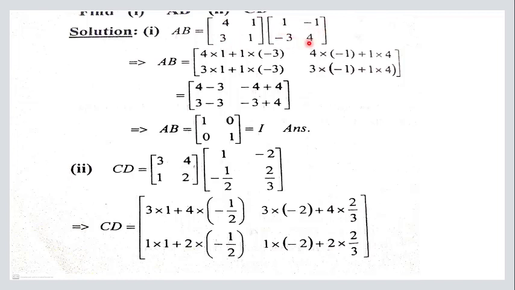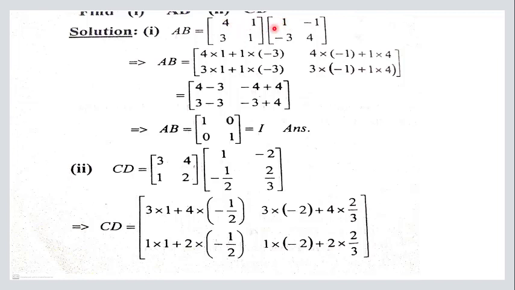What we need to do is first take the first row, which is 4 1, and then we will take the first column of the second matrix, which is 1 -3. First element of the first row is 4, and first element of the first column over here is 1.